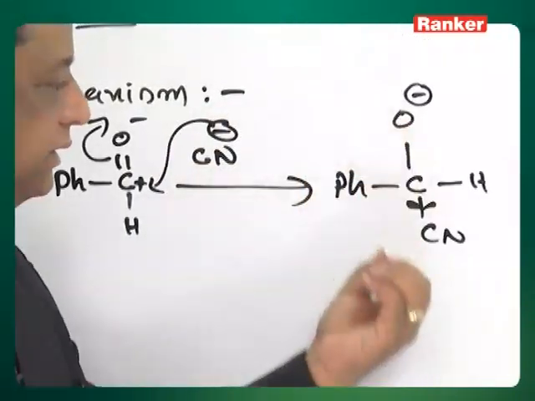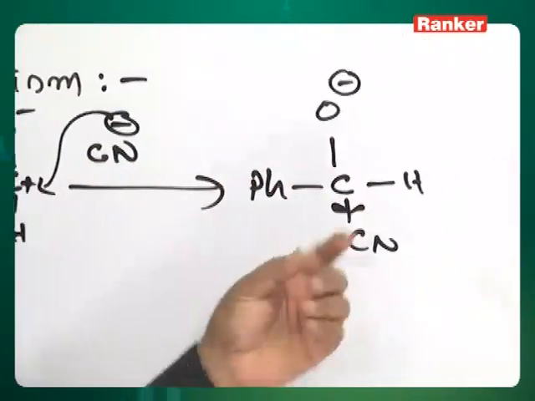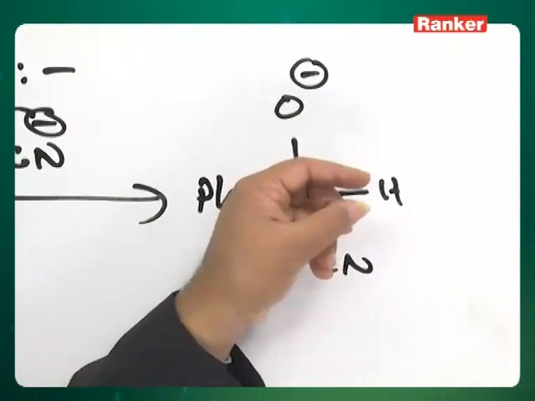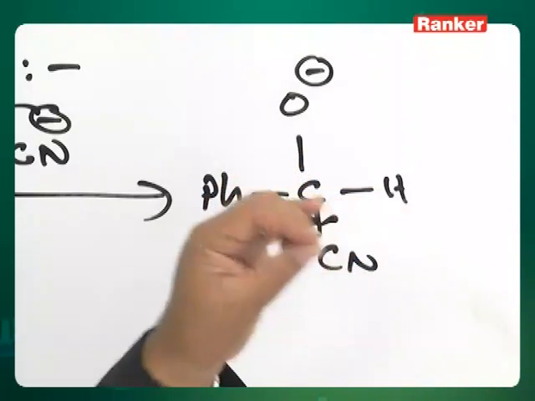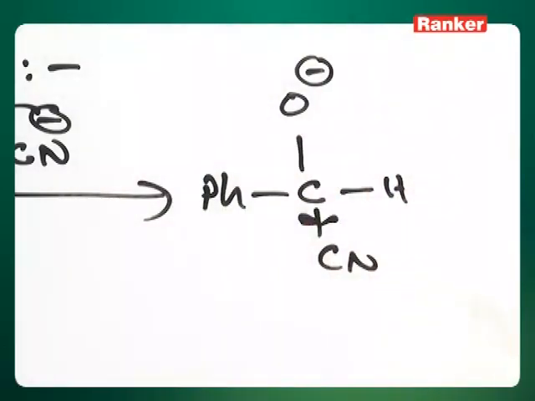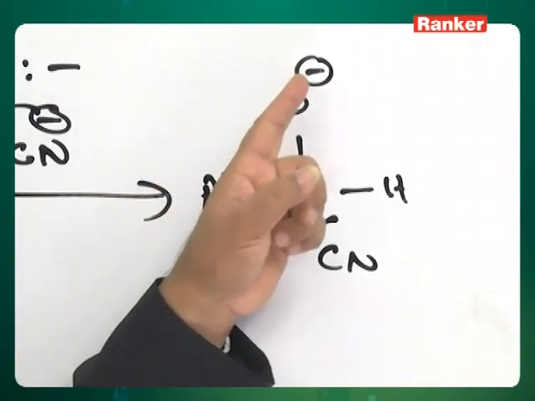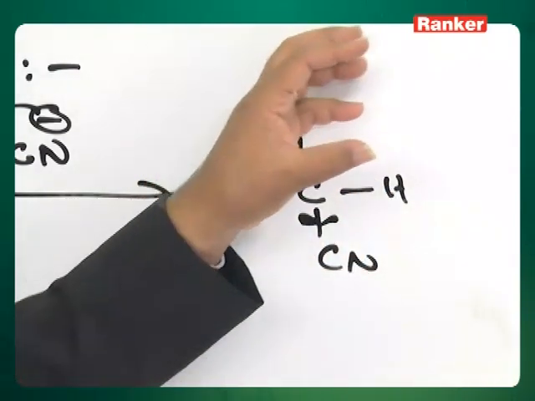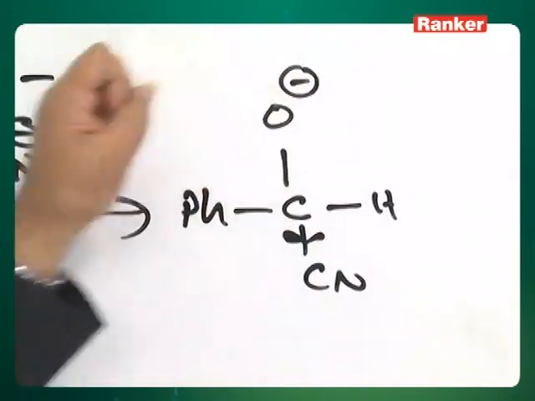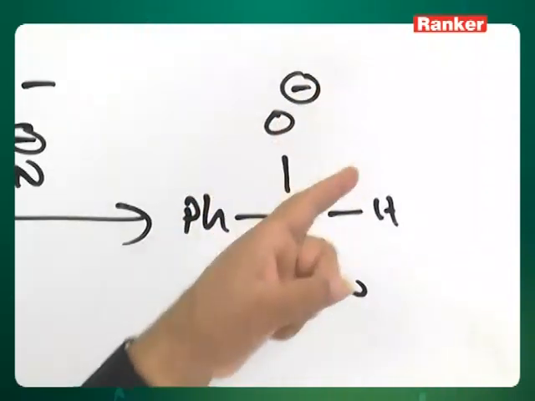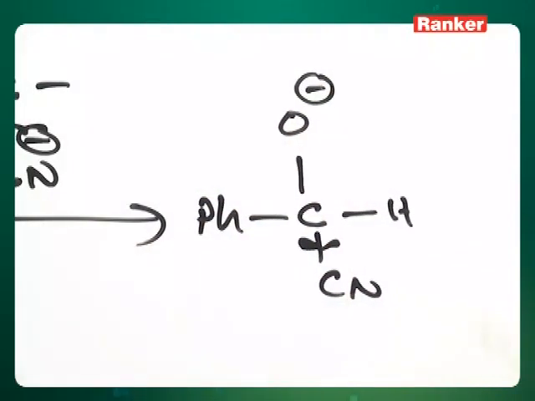Because of this strong electron withdrawing power, the carbon hydrogen electrons also will be pulled. Hydrogen is liable to be given out as an H plus. The H plus giving substances are called acidic. Now, there is a carbon, there also one hydrogen is there, even that pulls because this carbon pulls and then the O carbon pulls. Both hydrogens will be acidic, but which hydrogen will be more acidic?